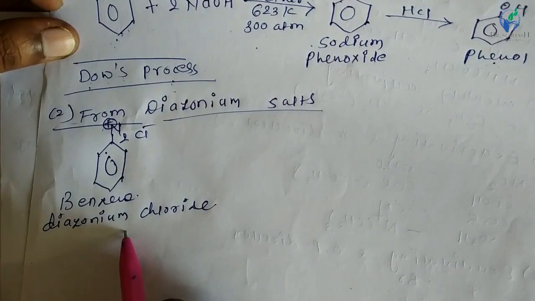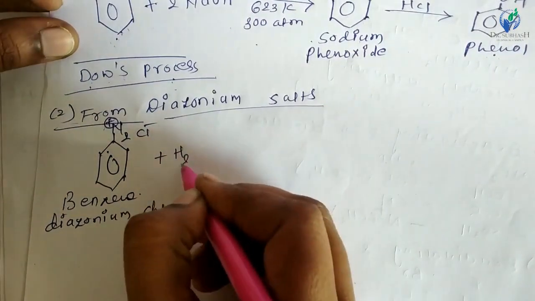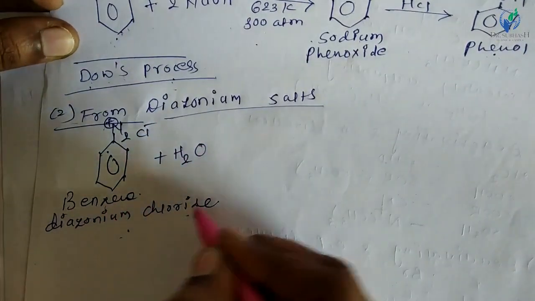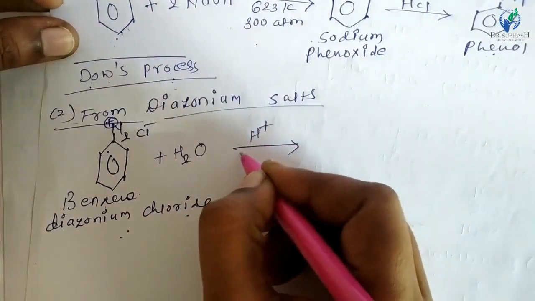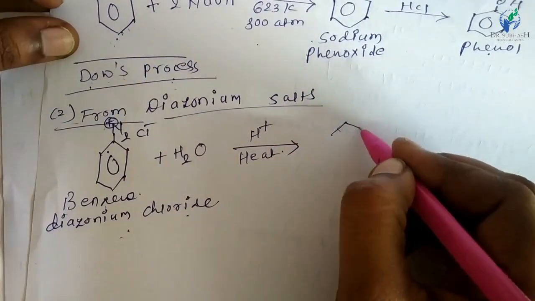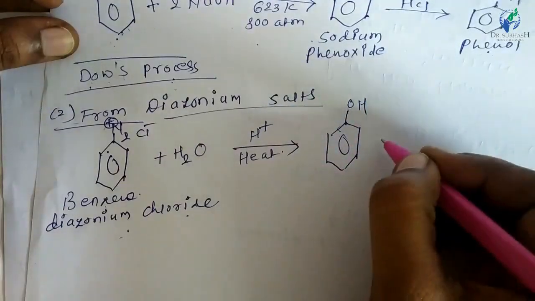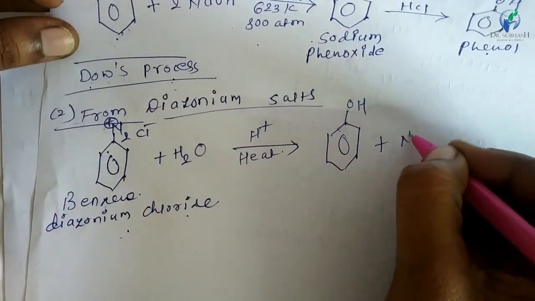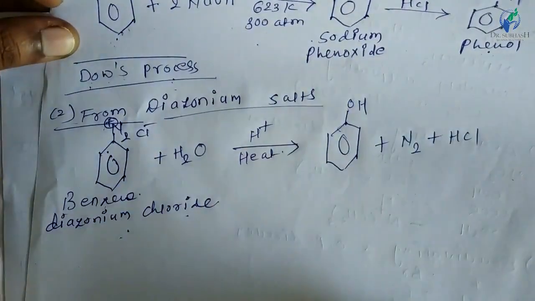Right? If an aqueous solution of this diazonium salt, that is benzene diazonium chloride, is heated with dilute acid, that may be sulfuric acid, then it will produce phenol, plus it releases nitrogen gas and liberates hydrochloric acid. Right?